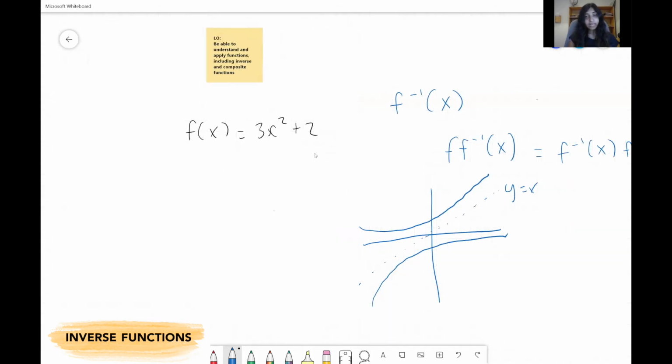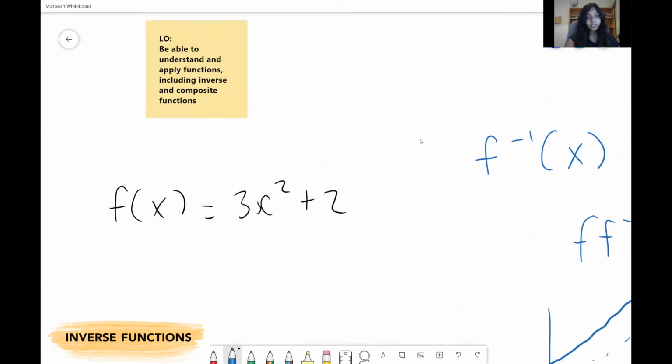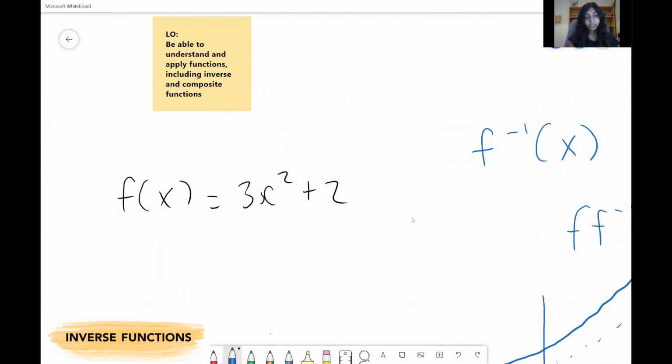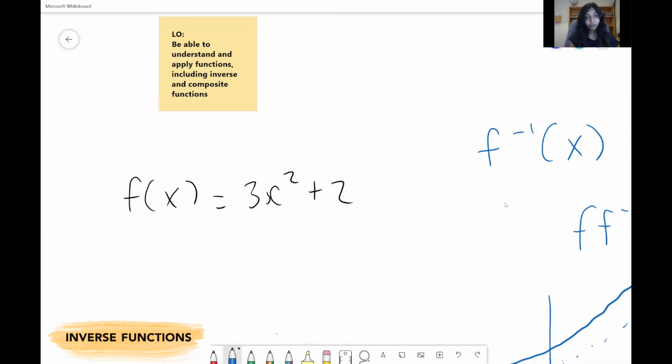So moving on to how to actually work out the inverse function. So let's say you have this function f of x is equal to 3x squared plus 2. The way you'd work out the inverse function is quite a standard process, so just try and remember all the steps. The first step is you just replace f of x with y. So you do y is equal to 3x squared plus 2.